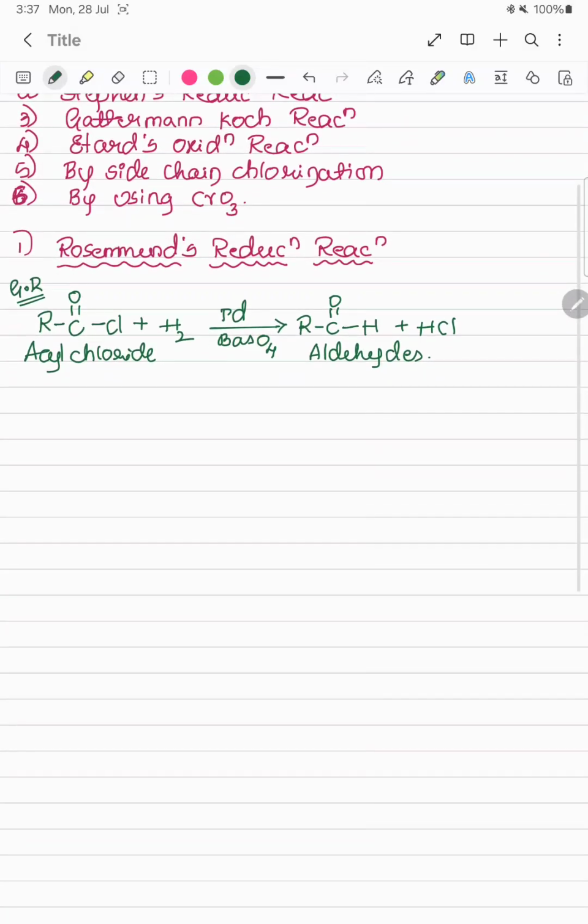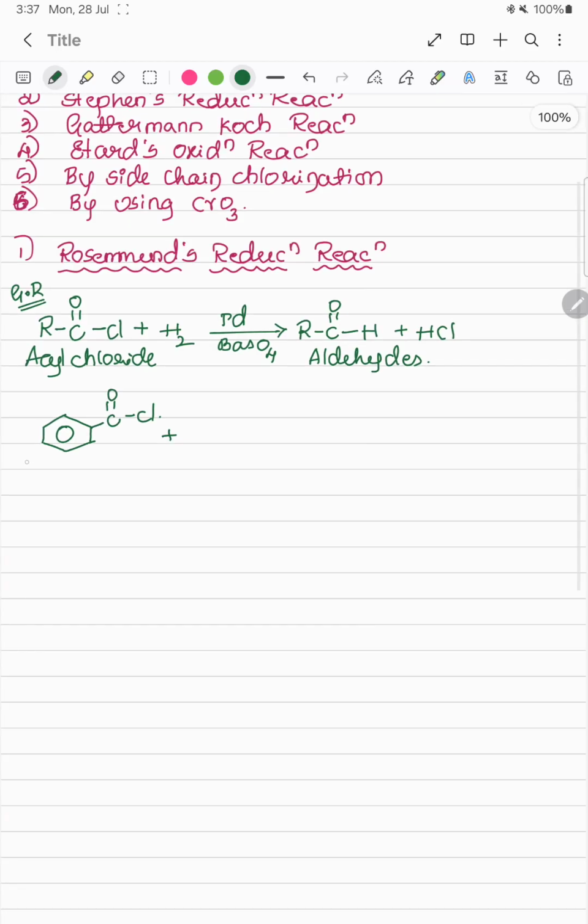If you create an example for this, you can take an example of benzoyl chloride. Not benzyl chloride, it is benzoyl chloride. Benzene with C double bond OCl. I will write the name over here. This is called benzoyl chloride. As usual, you treat with hydrogen, hydrogenated over palladium and barium sulfate.